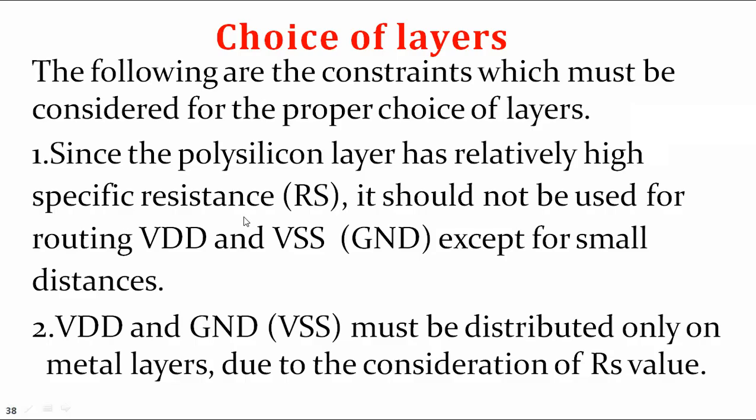The polysilicon layers should not be used for routing, because the sheet resistance value is high for polysilicon. We should not route VDD and VSS using polysilicon. It should be done by the metal layer only, due to its low sheet resistance value.